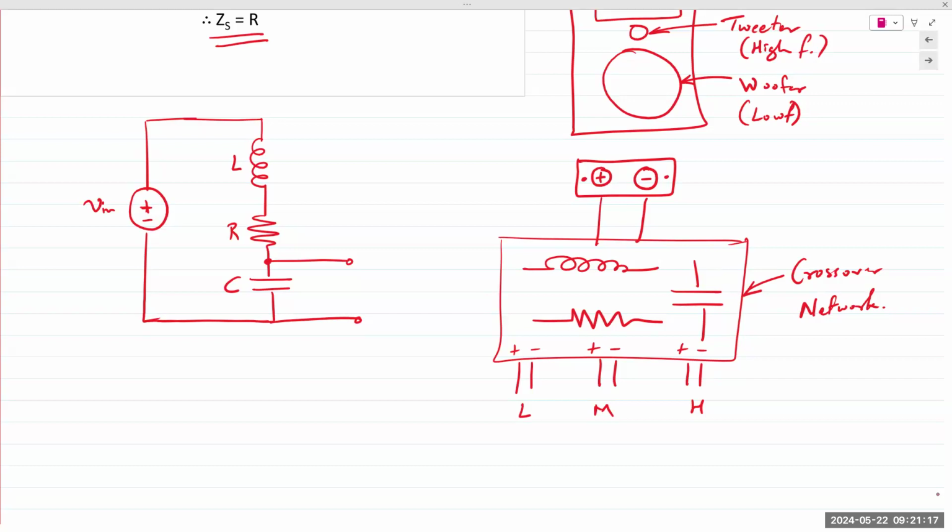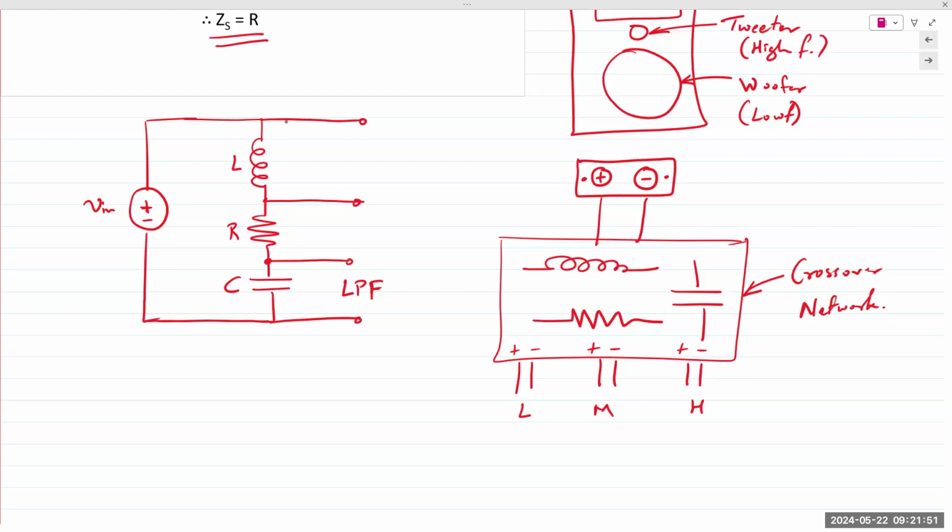That's the first filter we saw in this chapter. Low pass. Capacitor is open at low frequencies, meaning you would get an output. And if you take the output across the resistor in an RC circuit, you'd get a high pass filter, right? But let's take a look at RL.